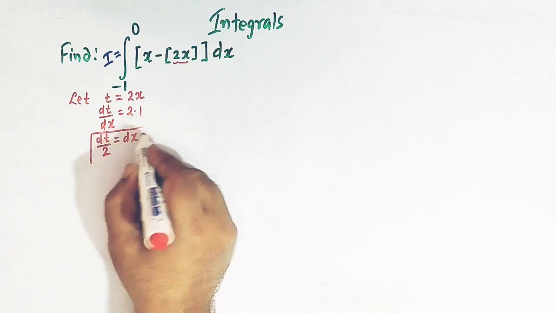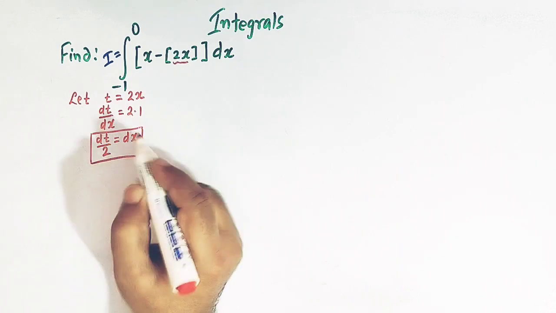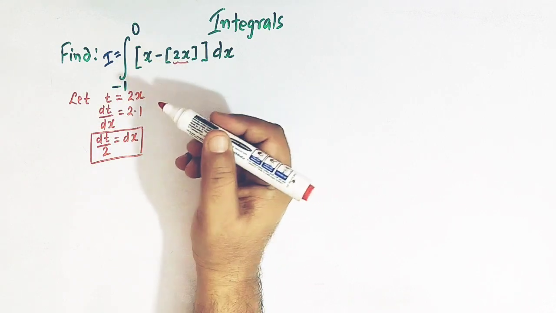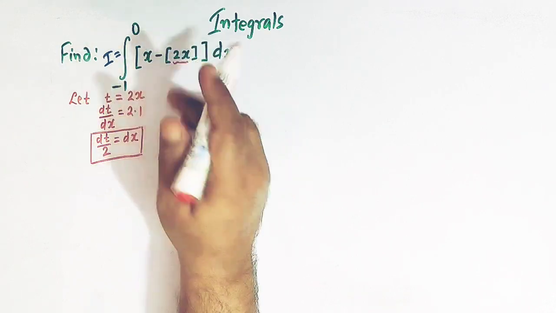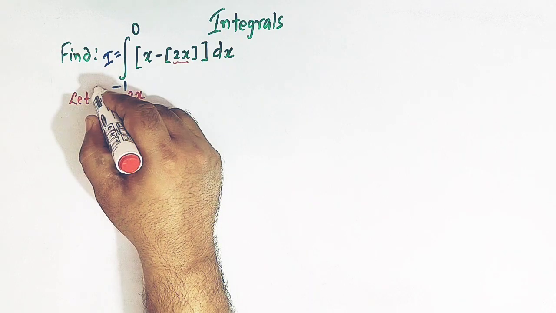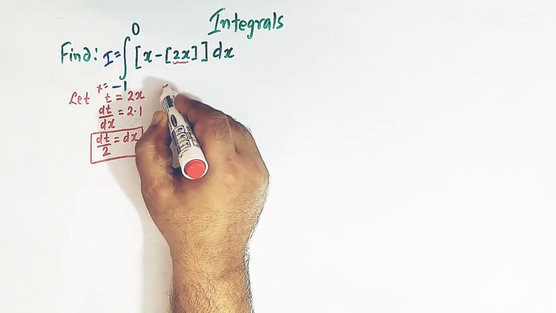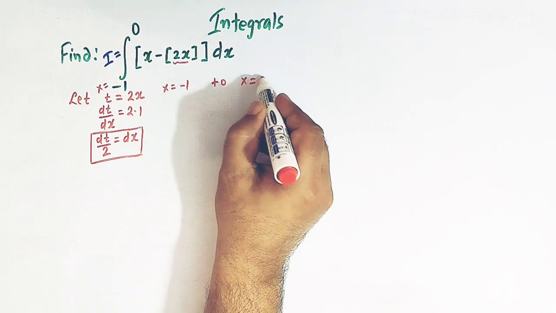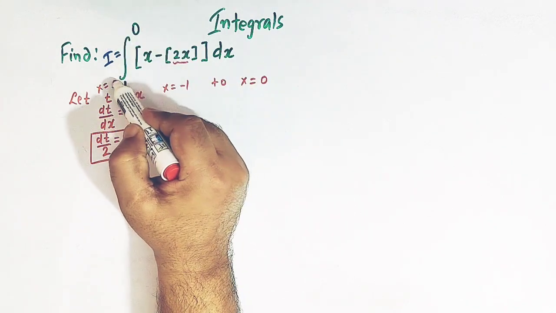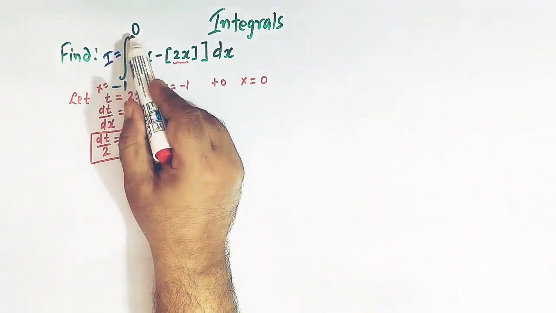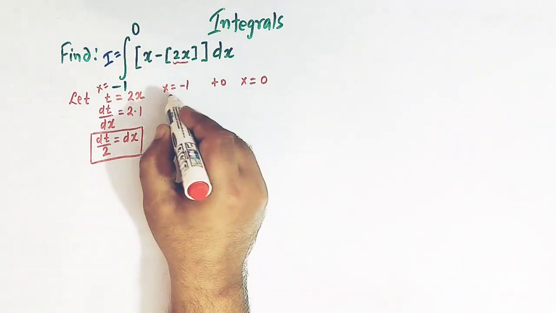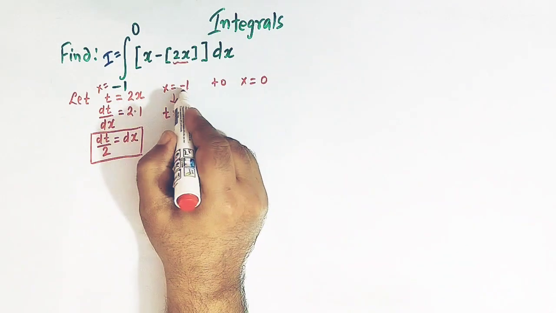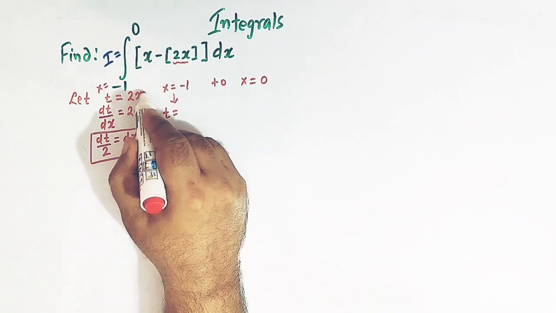Okay, now see, whenever we use the method of substitution in definite integrals, we always change the limits, right? Now see here, the limits vary from x is equal to -1 to x is equal to 0. So the lower limit is -1 and the upper limit is 0. So when x is -1, then we can substitute x is equal to -1 here.